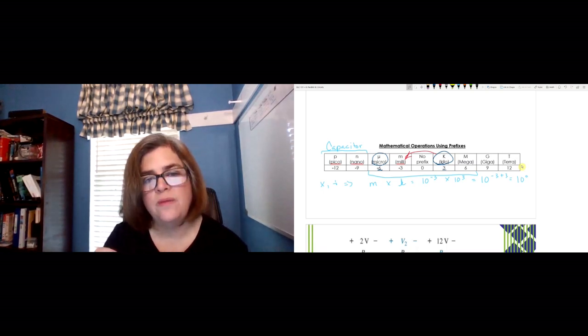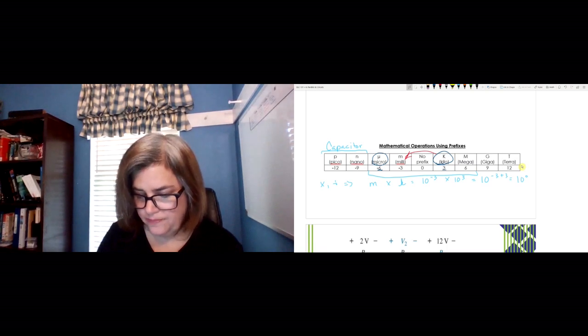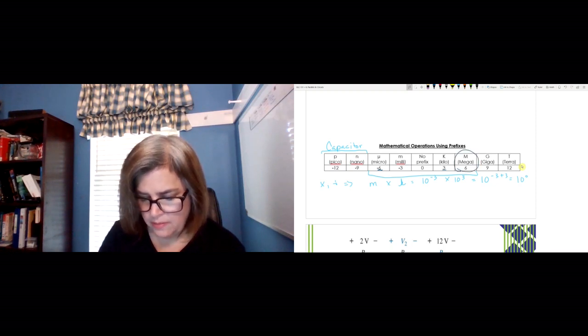So if you have microamps times kilo ohms, you'll end up with millivolts for your answer. What about if you multiply mega ohms by milliamps? That's negative 3 plus 6, so your answer would be kilo.